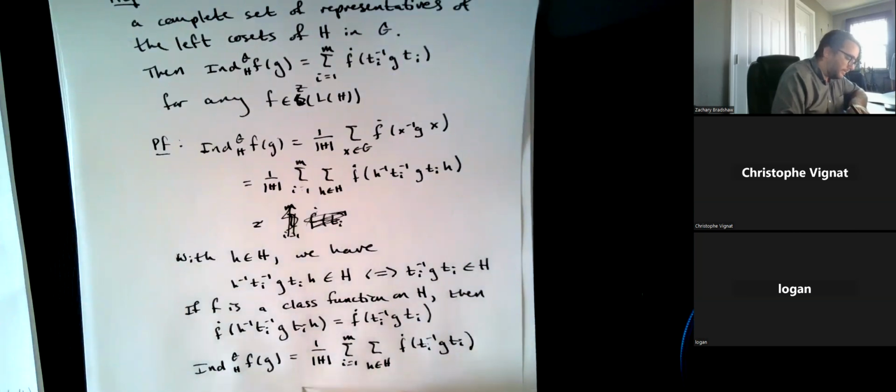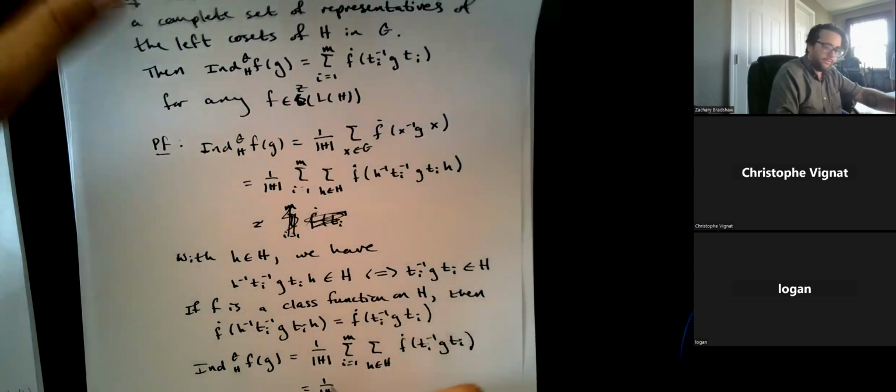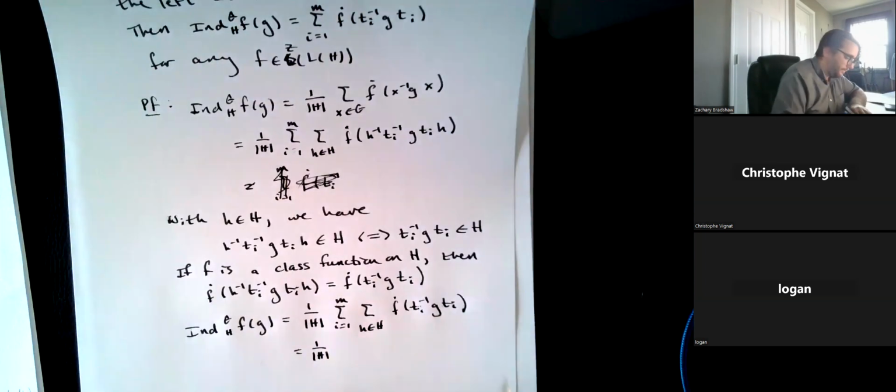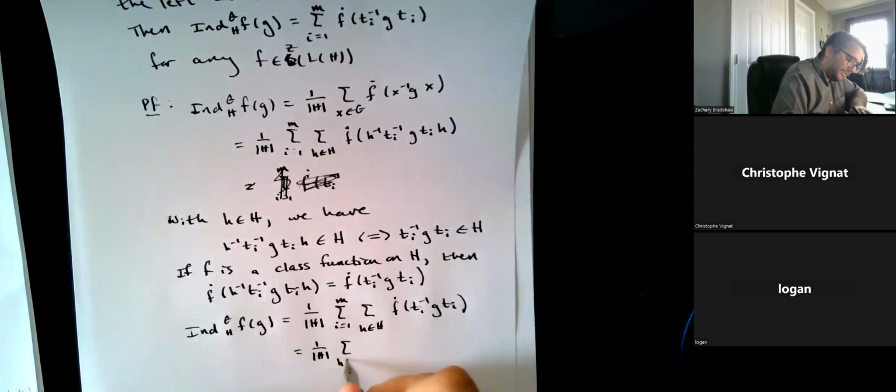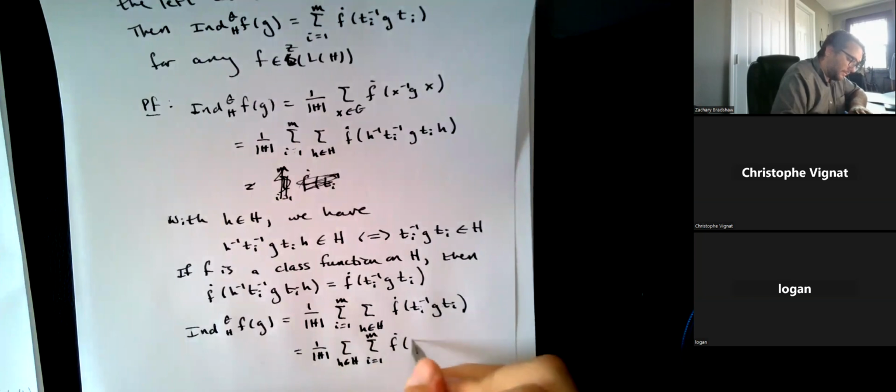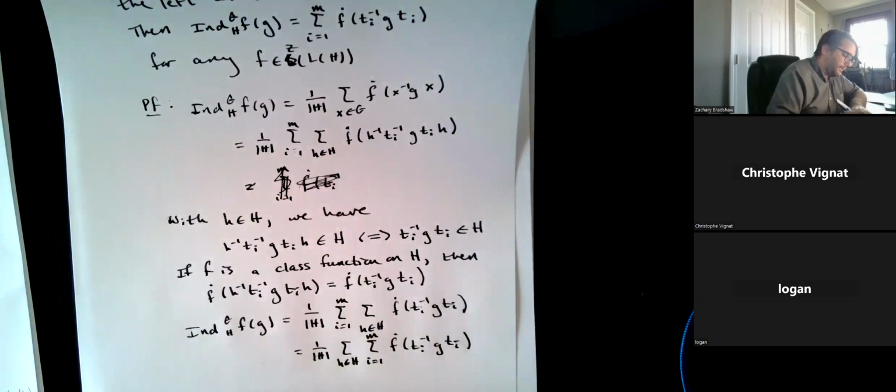And now this is equal to 1 over the order of H, the sum over h in H. So I'm switching the summation. And now we have no more h's here. I just sum over all the h's. How many do I have?